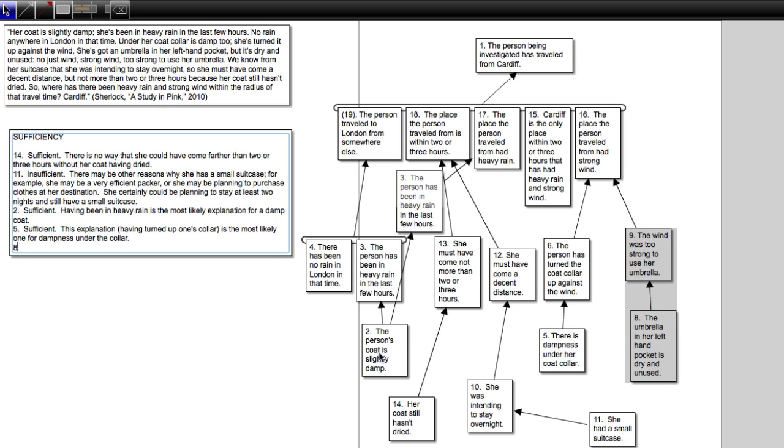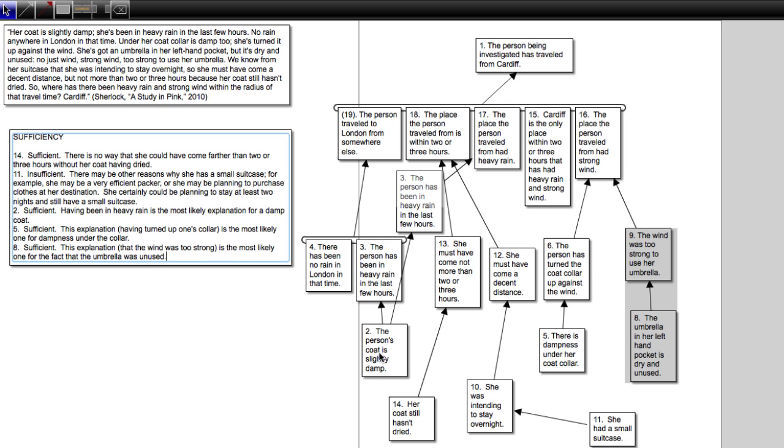Okay, and then 8. The umbrella is dry and unused, therefore the wind was too strong to use an umbrella. I'd say that's sufficient. Again, this explanation that the wind was too strong is the most likely one for the fact that the umbrella was unused.